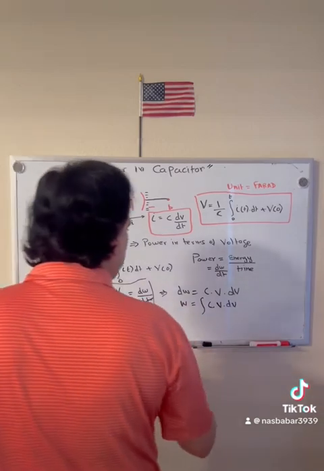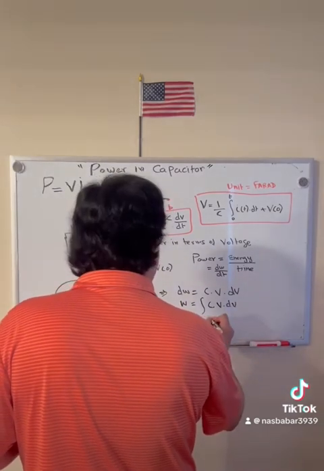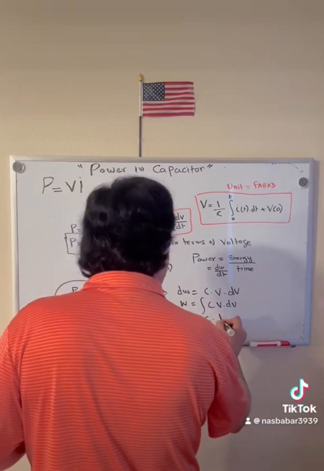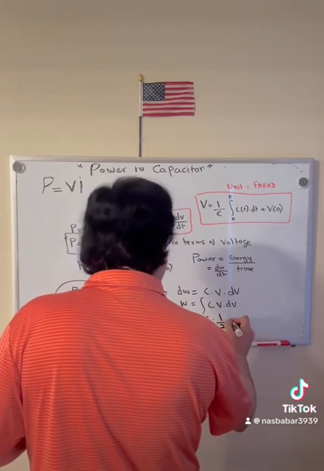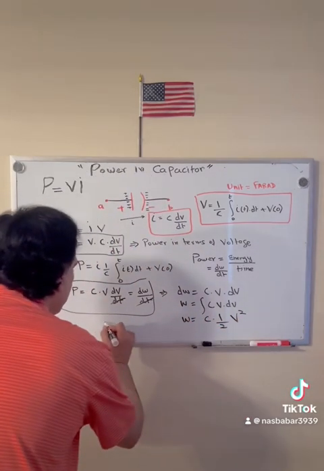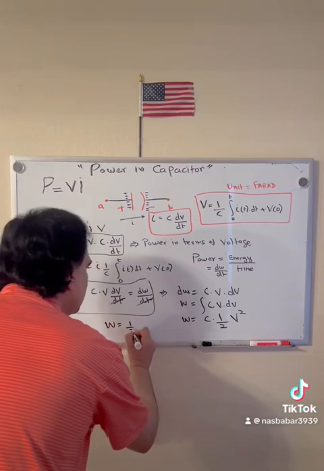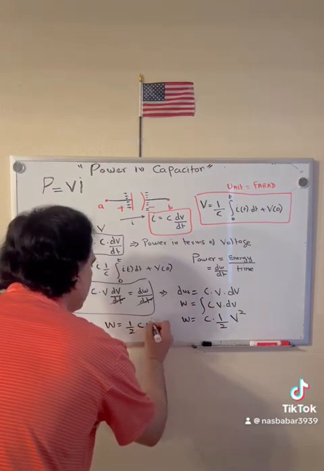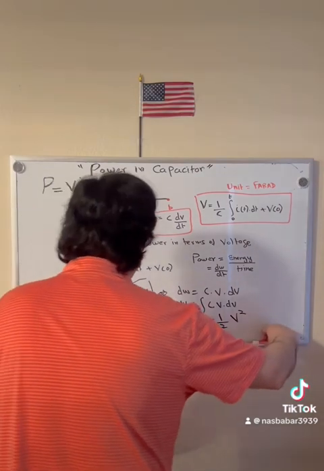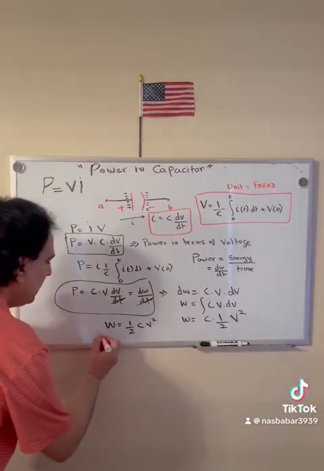So when you take the integral of this, you will get C times half V square. Or we can write this as work is equal to half CV square. So my friends, this is the energy stored in a capacitor.